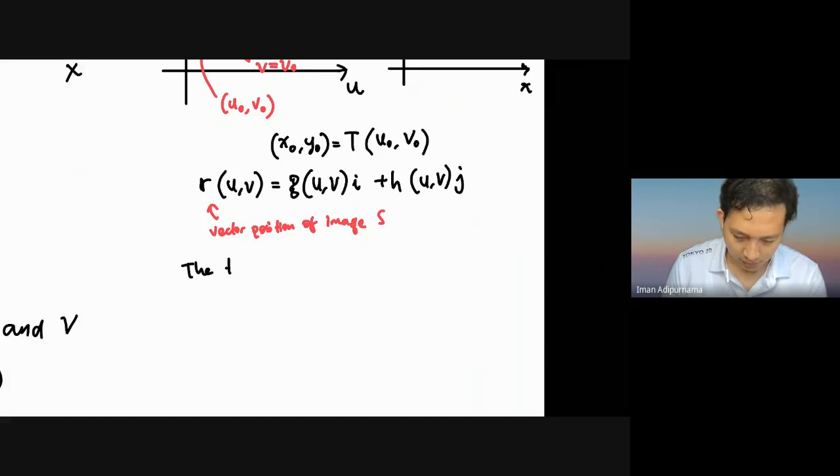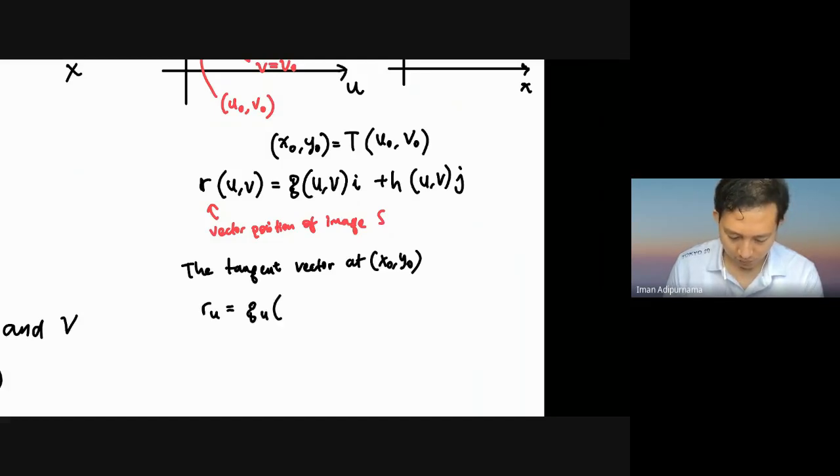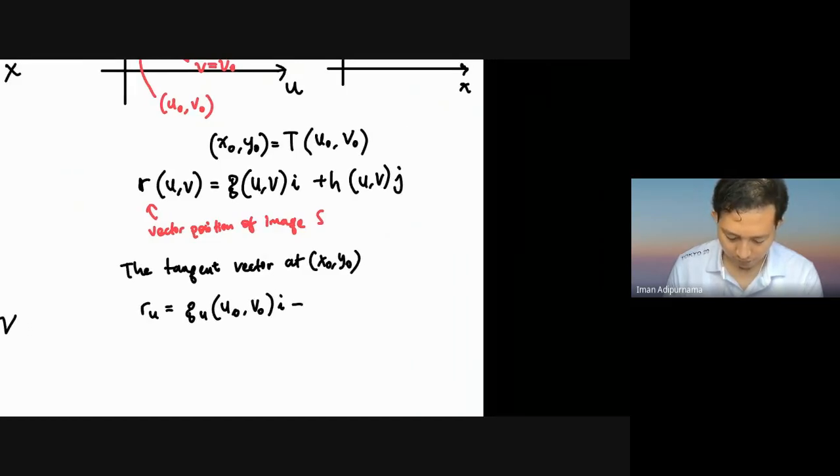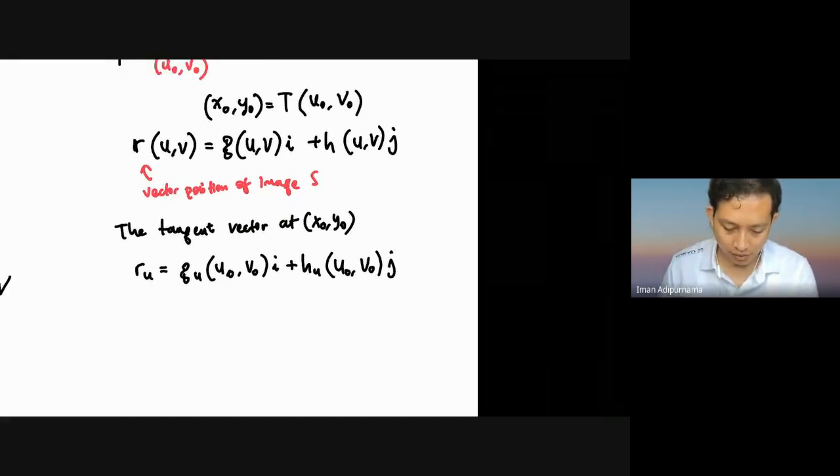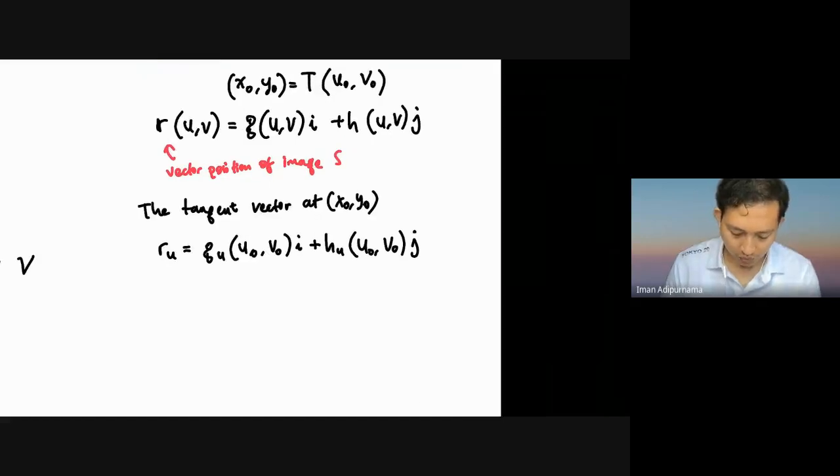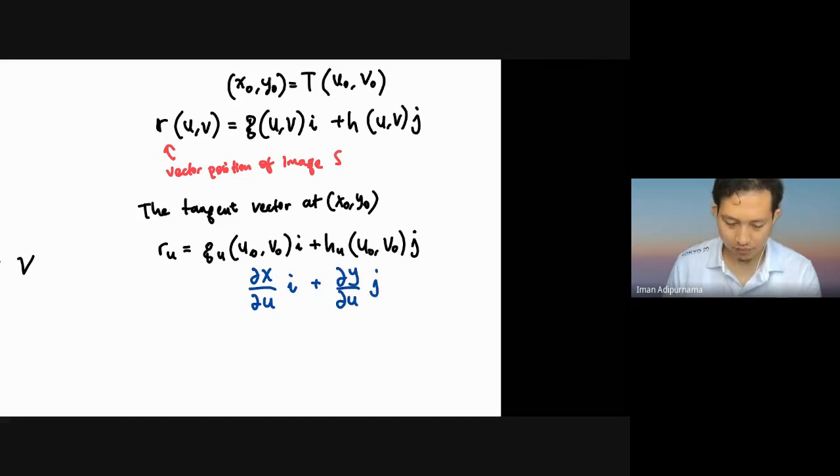So we can also write the tangent vector. The tangent vector at the initial point x0, y0 to this image curve is partially derived with respect to u, and we can also write this in terms of the Leibniz notation: dou x dou u i plus dou y dou u j.